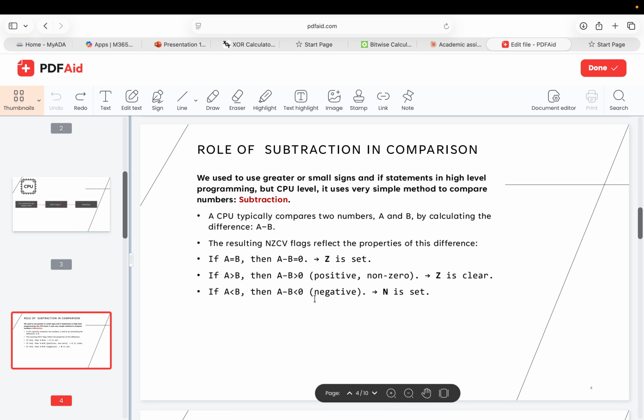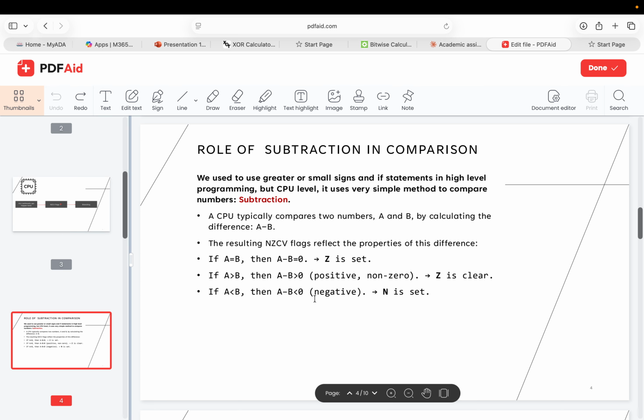Here you see, first of all, the greater or equal condition. This condition is correct when N XOR V is 1, which means that the negative and overflow flags have the same value, either both 0 or both 1.